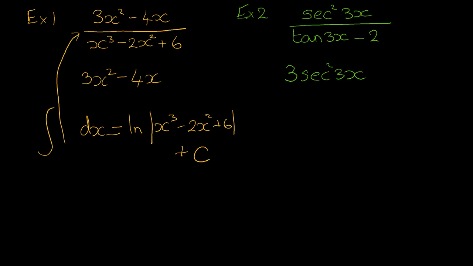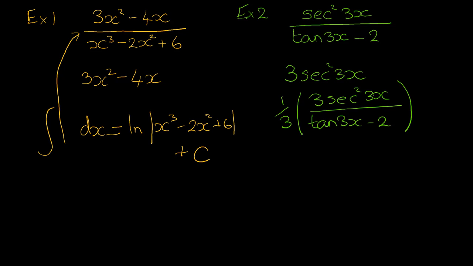So what we're going to do in order to make it work is we're going to rewrite it as 1/3 in brackets 3 sec squared 3x over tan 3x minus 2. So you can see what I've done.